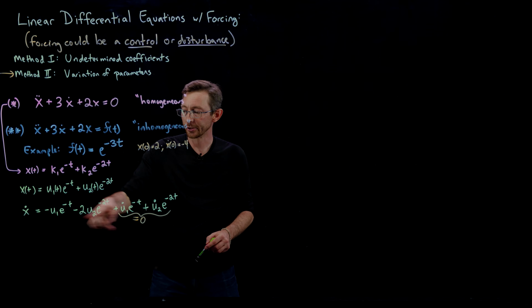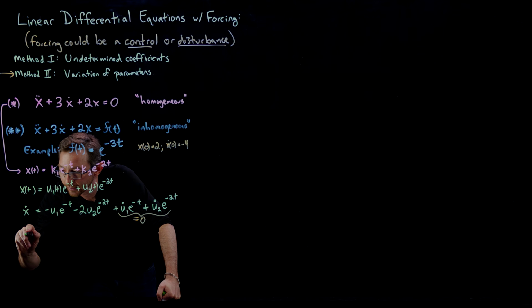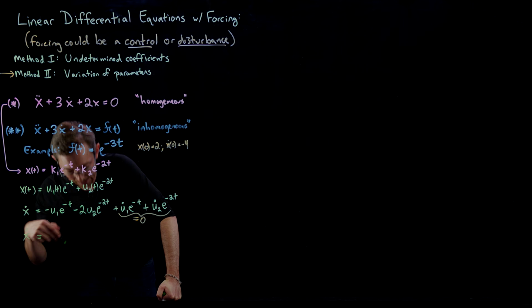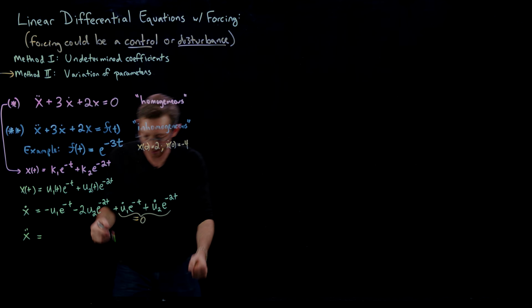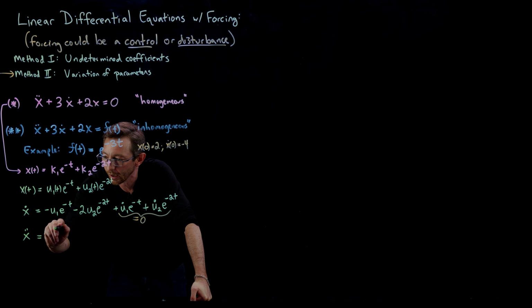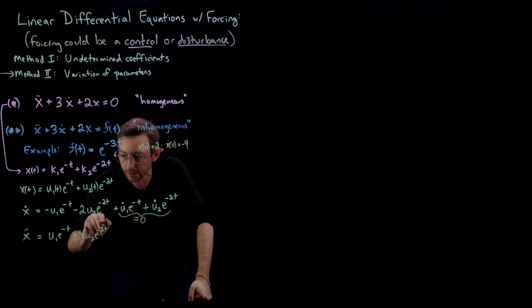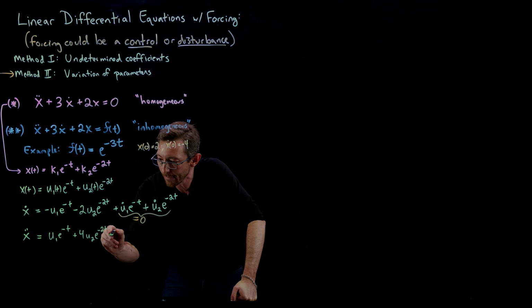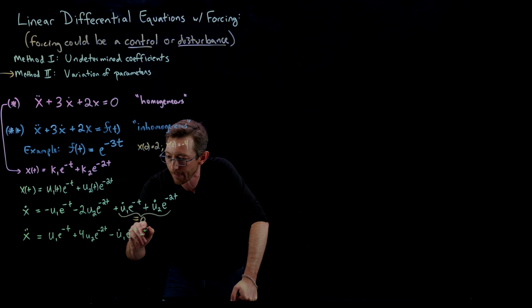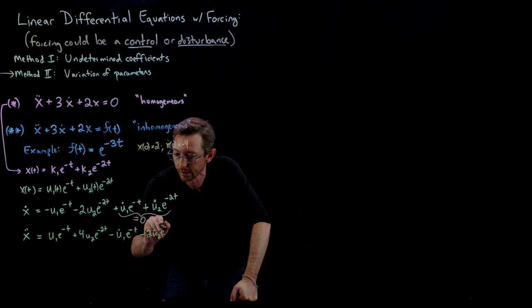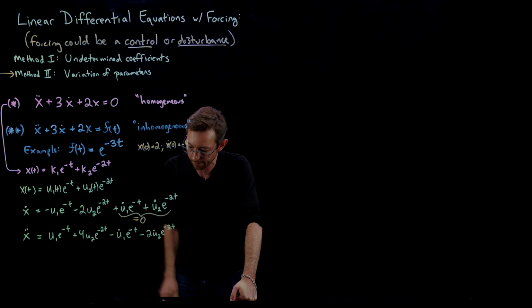And then we're going to take the double derivative again, so x double dot. Using the same basic chain rule, I'm going to get something like u1 e to the minus t plus 4 u2 e to the minus 2t minus u1 dot e to the minus t minus 2u2 dot e to the minus 2t.